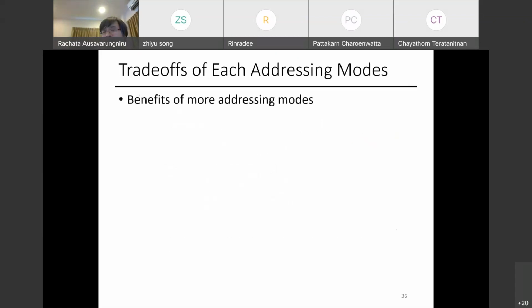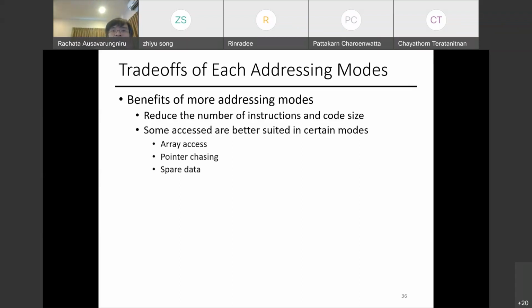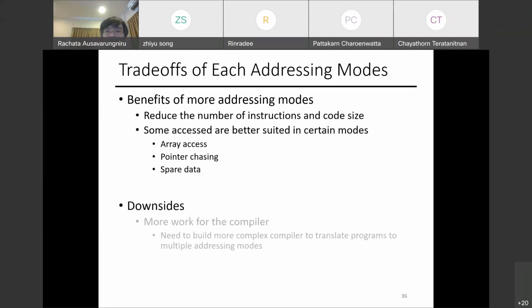And there's a trade-off between each of them, right? Some addressing modes will reduce the size of the instruction because you can just use one addressing mode and you know the address. Some are going to be better suited for things like arrays. Some types will be better suited for pointers, like a linked list, right? The downside of having more addressing modes is that the compiler that transforms your program into binary needs to figure out which one is the best.